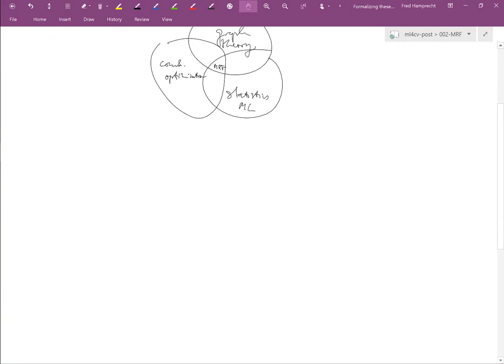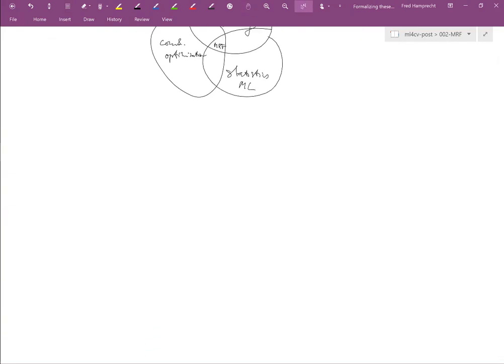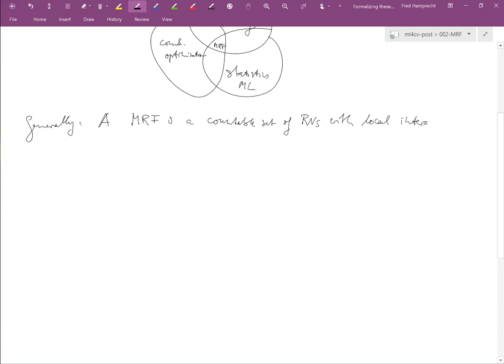So I want to tell you how these are characterized in general. A Markov random field is a countable set of random variables that are endowed with local interactions, and it is most interesting if these interactions are sparse.